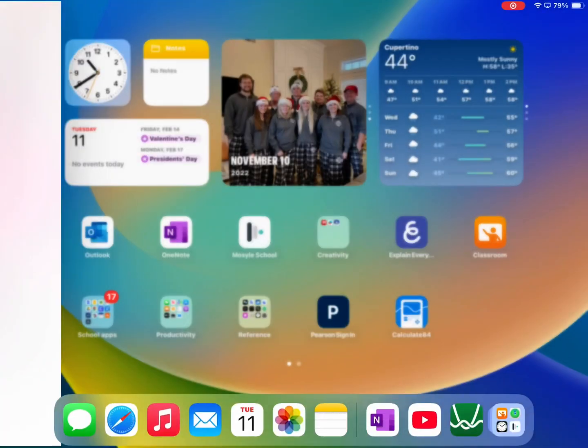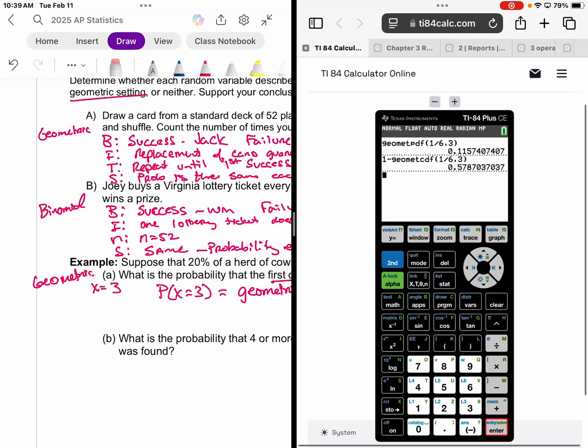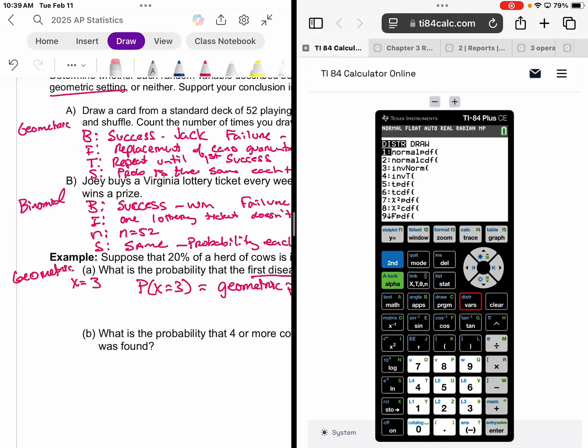So we're just going to grab the calculator and then do second vars. This is where, like I talked about tips, doing second mode to quit the screen you're on matters. If I just made a mistake and went into a CDF, and if I go straight to second vars and go up to geometric PDF, it's going to put that in the probability for the CDF.